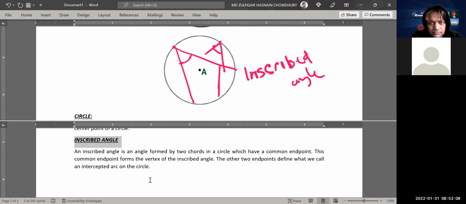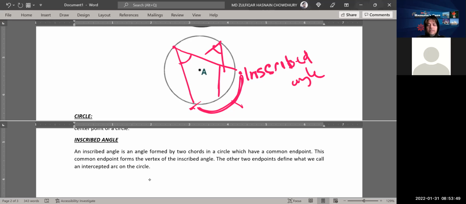The other two endpoints define what we call an intercepted arc on the circle. This is the intercepted arc.